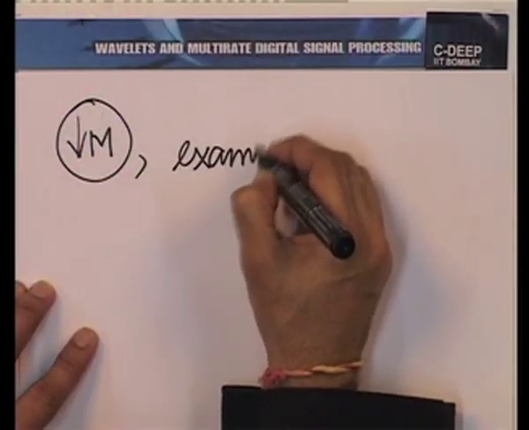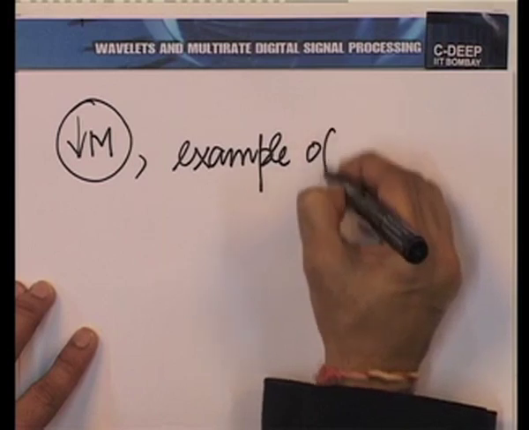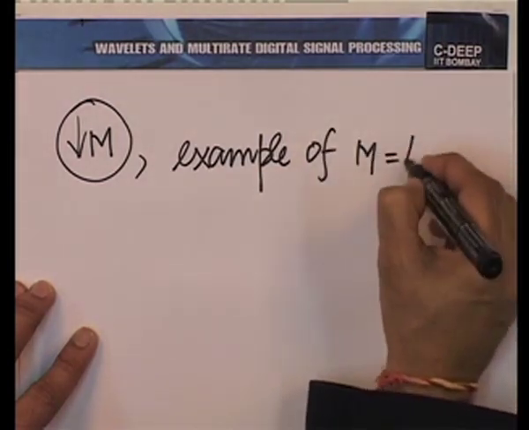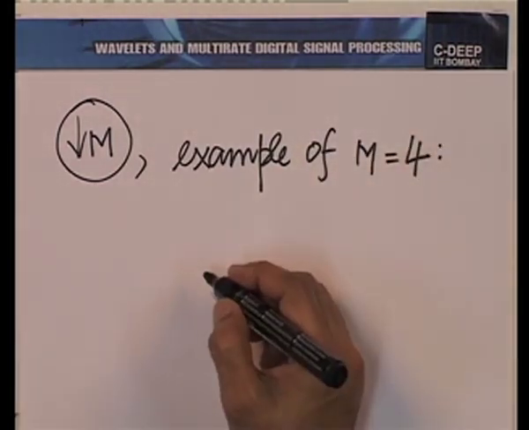But you can have a similar window periodic sequence for downsampling by any other factor. So, suppose you were to downsample by M in general. Again, let us take the example now of M equal to 4 this time.